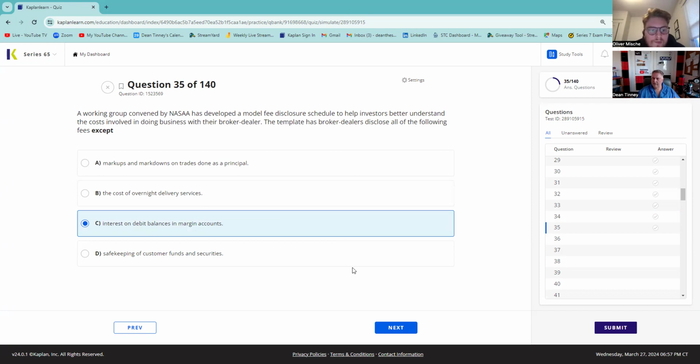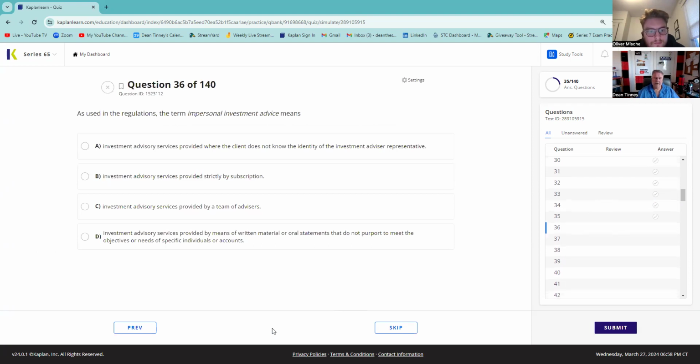This is made in this template we're discussing. The interest on your debit balance is in that disclosure. And then remember, the other point here is, we have to give you 30-day advance notice to change the fee, right? And so cost of overnight delivery service, markups and markdowns. The answer is A, because that is disclosed, but not in that template. That's disclosed on your confirmation.